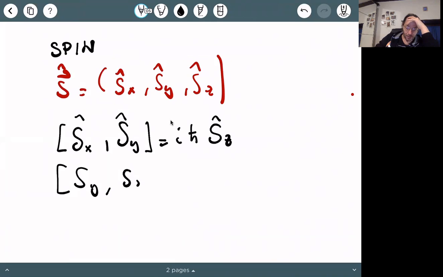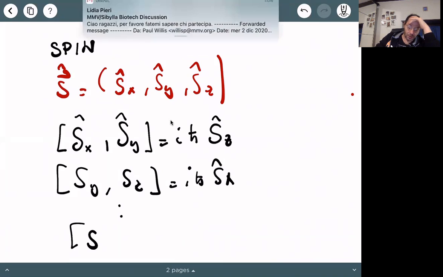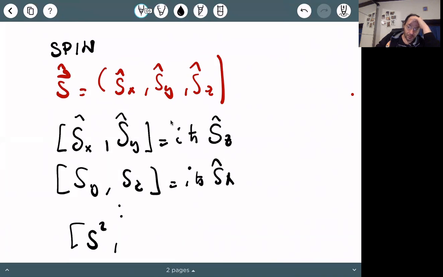And we also discover that we have a commutation relationship, which says that each component of the angular momentum commutes, in fact, with the square of the angular momentum.